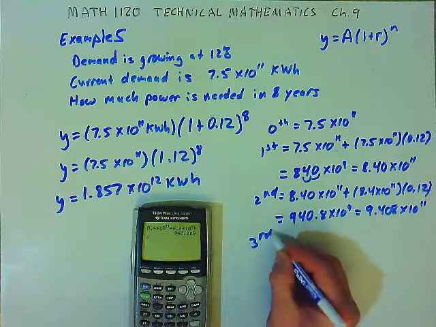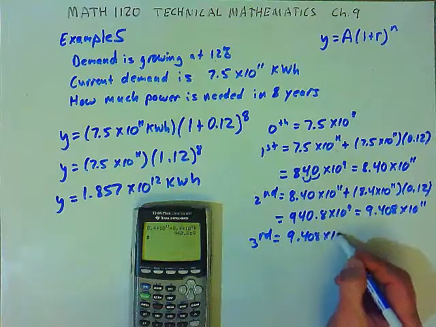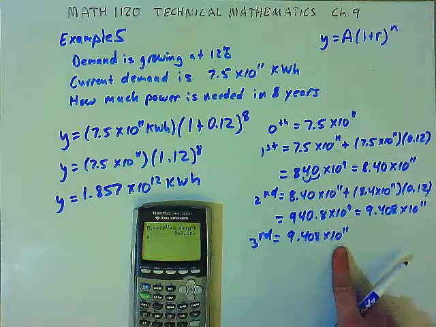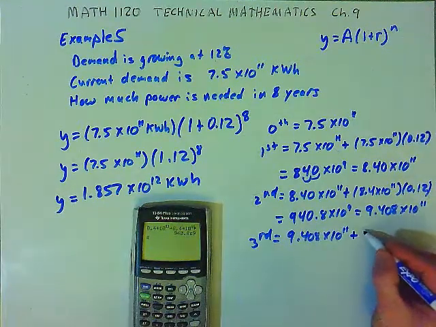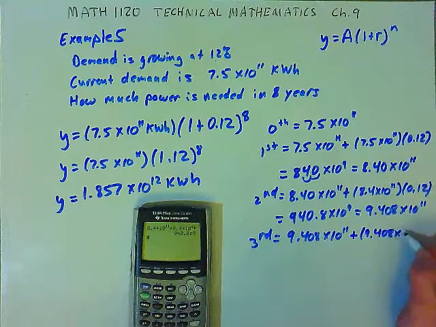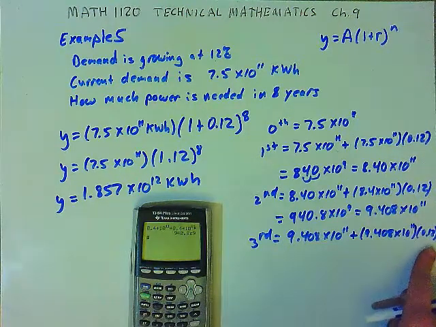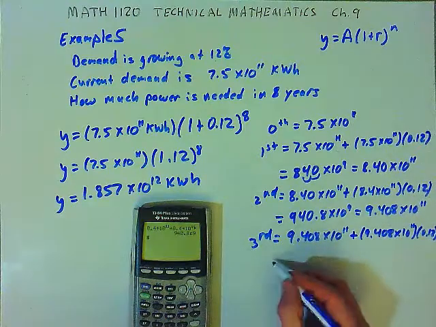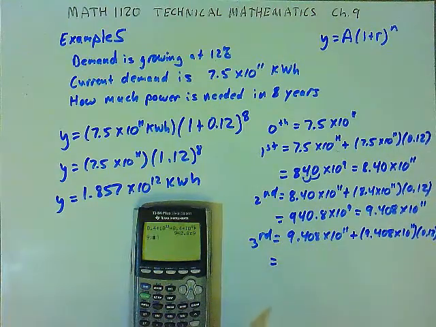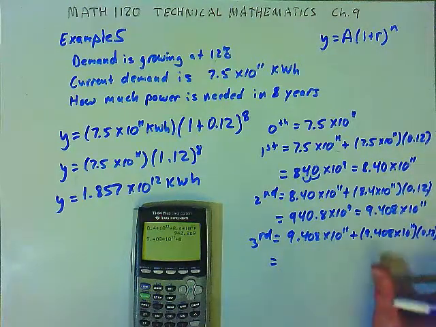The third year, we're already using 9.408 times 10 to the 11th power kilowatt hours, plus I'm going to add in another 12%. 9.408 times 10 to the 11th times another 12%, right? So I'm increasing by another 12%. And so on the third year, we're going to use 9.408 times 10 to the 11th plus another 12%.